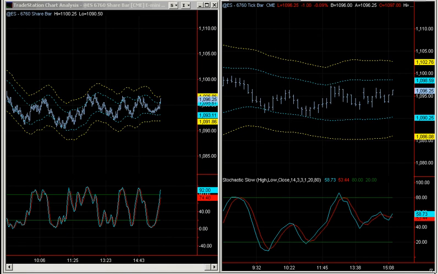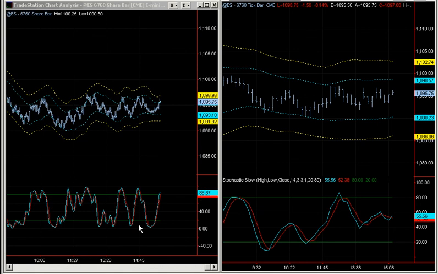Now we have on screen a 6,760 share bar versus tick bar. We have both our zones as well as a stochastic.